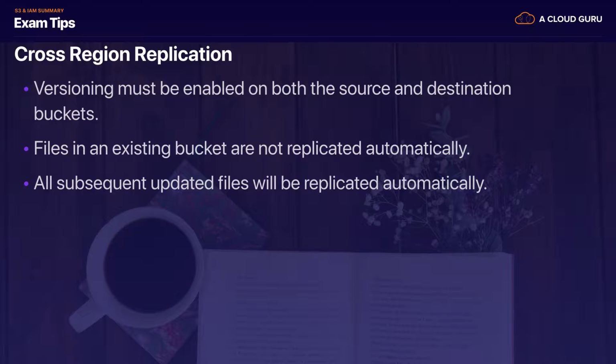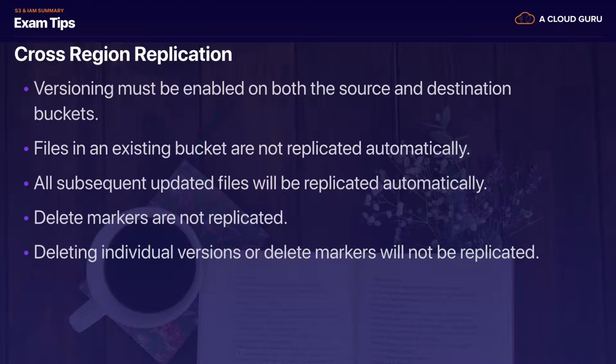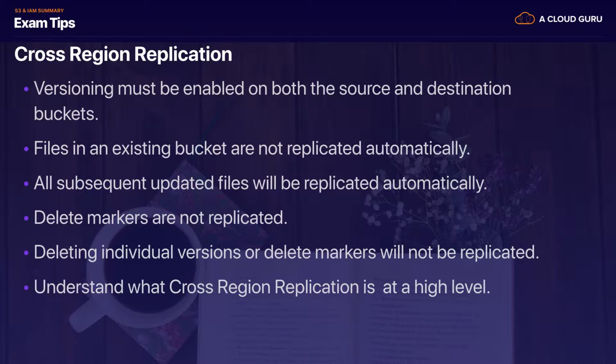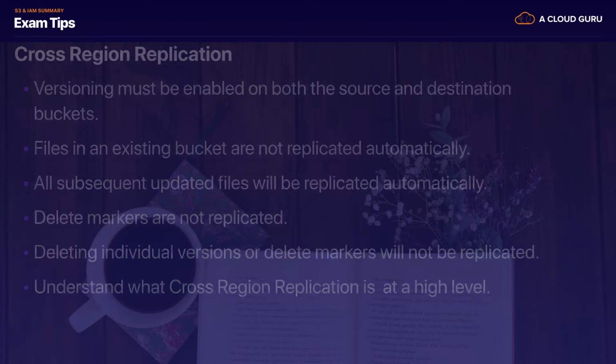However, all subsequent updated files will be replicated automatically. Remember that your delete markers are not replicated, so if you delete an object in one bucket, it's not going to be deleted in the other. And deleting individual versions or delete markers will also not be replicated. So really going into your exam, understand what cross-region replication is at a high level.